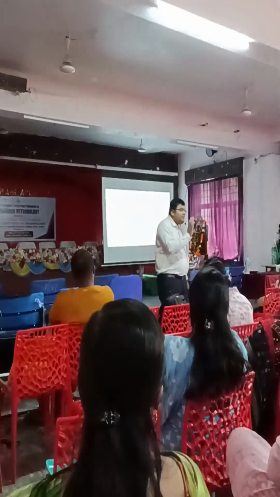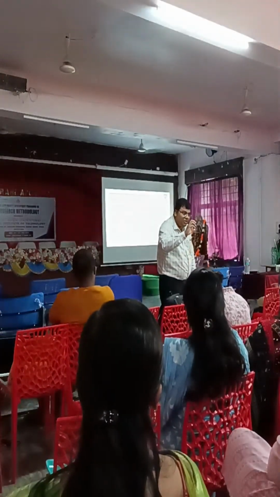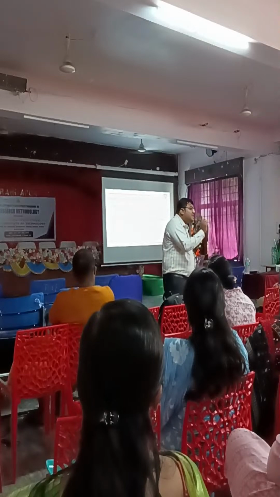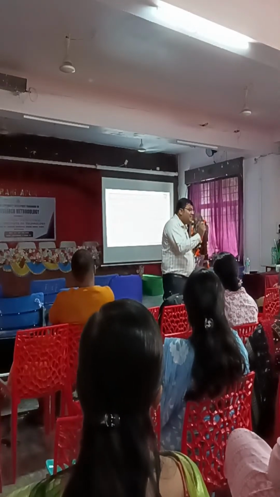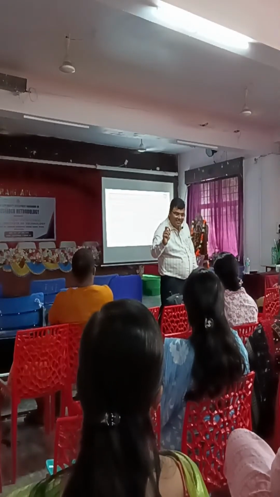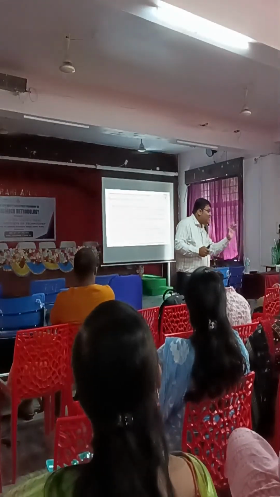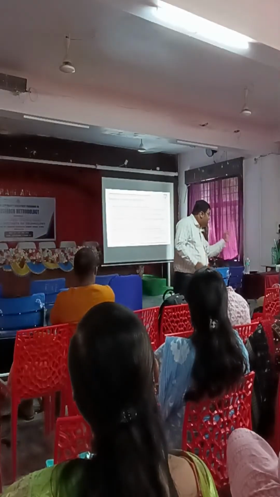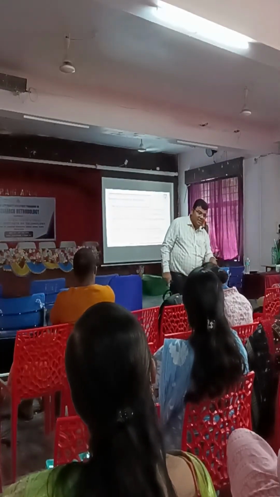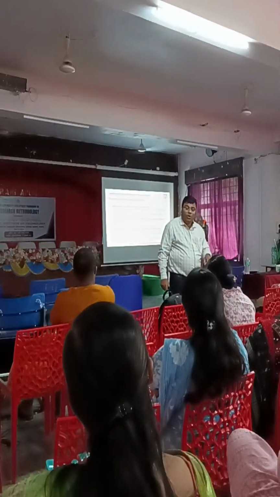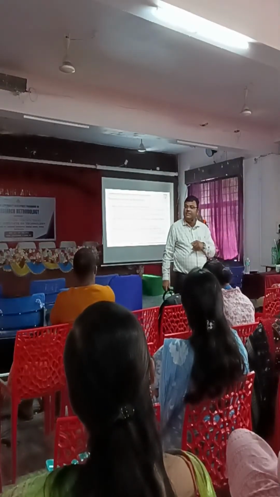For example, we have given closely related constructs, like psychological success and subjective career success. What is psychological success? The other one is subjective career success. Objective career success. All are success, but all are different.